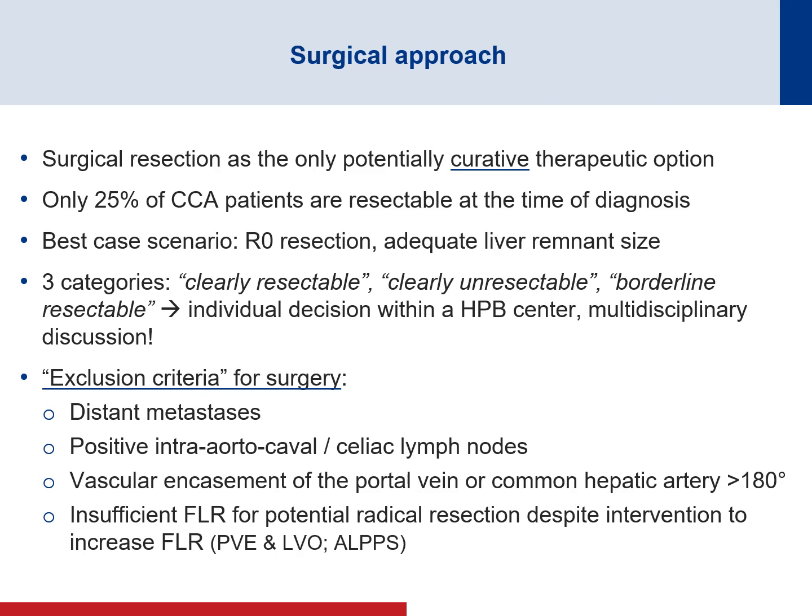But there are, of course, exclusion criteria for resection, such as distant metastases, positive lymph nodes, celiac and intra-aortal cable, vascular encasement of the portal vein or common hepatic artery above 180 degrees, insufficient FLR for potential radical resection despite intervention to increase FLR such as portal vein embolization and hepatic vein occlusion.